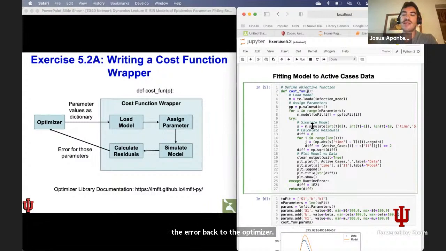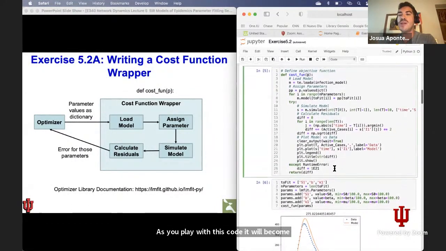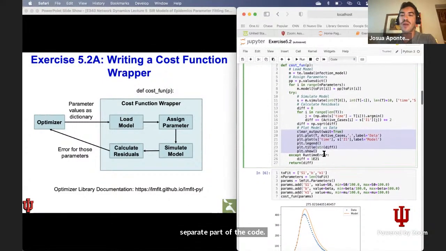So this is what these steps are doing here. As you play with this code, it will become more obvious what it's doing. We could break this into different functions. We just wanted to keep it this way because in this linear format, it's very obvious what each part of the code is doing, but you could potentially think of this as a separate part of the code, this as a separate part of the code, and so on.